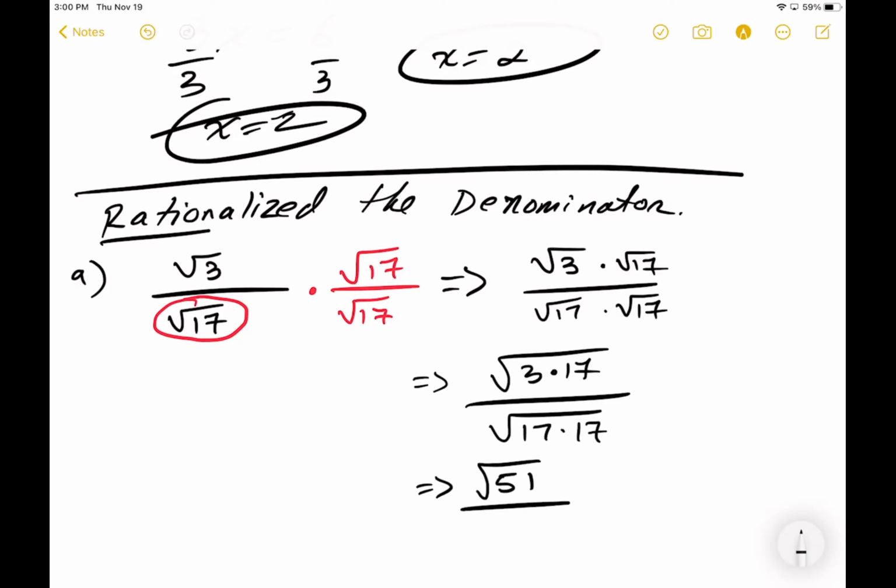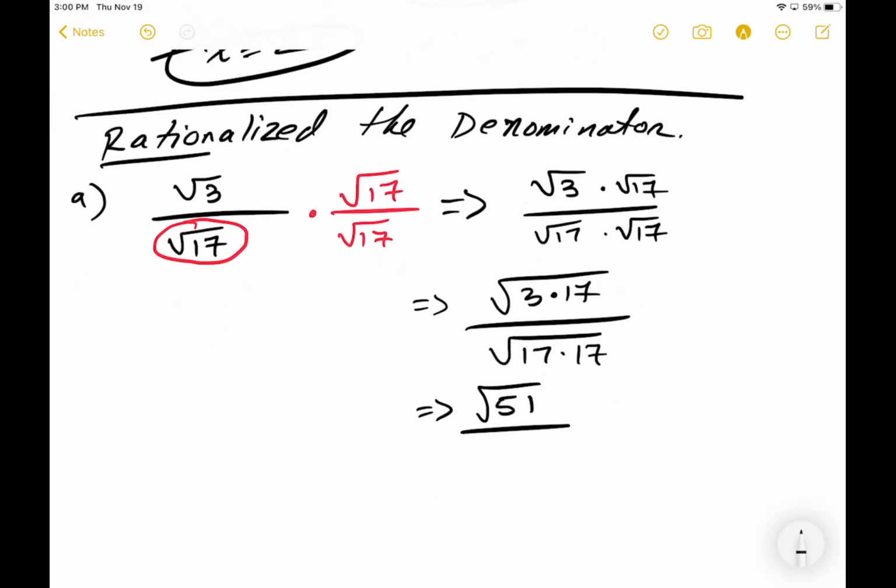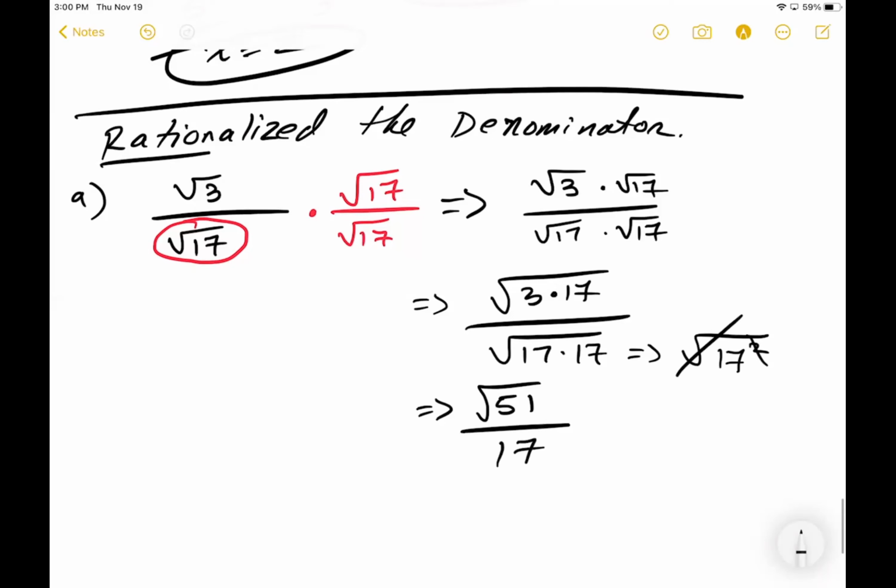And again, 17 times 17 is, I think, like 249, or not 249. Multiply in my head. But I know that if you look at this thing here, the 17 squared, that's what we've been doing: if we have a square and a square root, they cancel each other out, right?